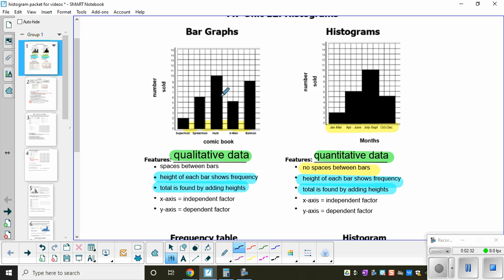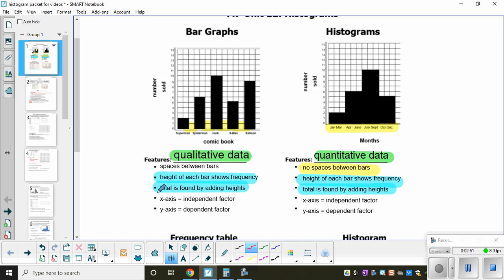So you can add up the heights of each of these bars to figure out the total number of comic books that were sold. Same thing over here, whatever data this is representing, if we want to see the number of books that were sold from January to March or from April to June, we can just add up the heights.